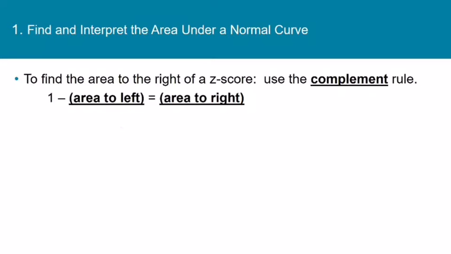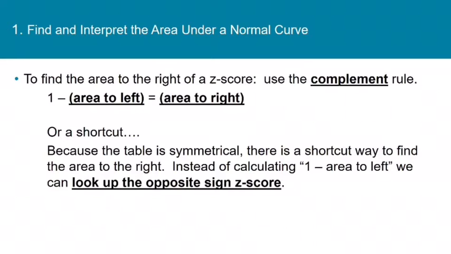But actually, it's kind of a drag to have to look up the area and then do a subtraction. So there is a shortcut, and the shortcut is this. Because the table is symmetrical, there is a shortcut way to find the area to the right. Instead of calculating 1 minus area to the left, what we can do is look up the opposite sign z-score.